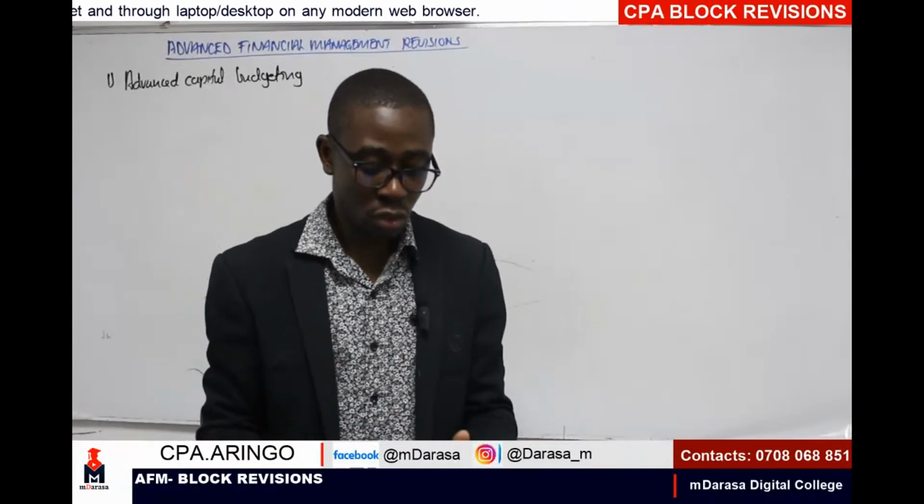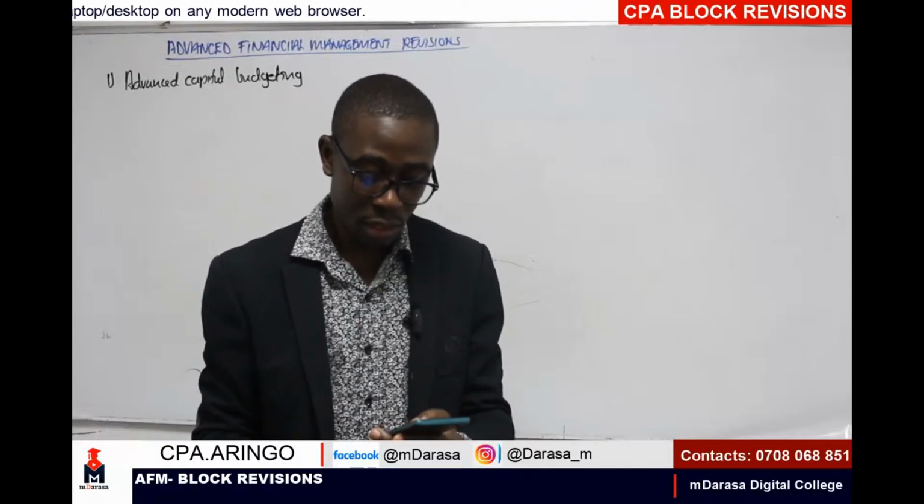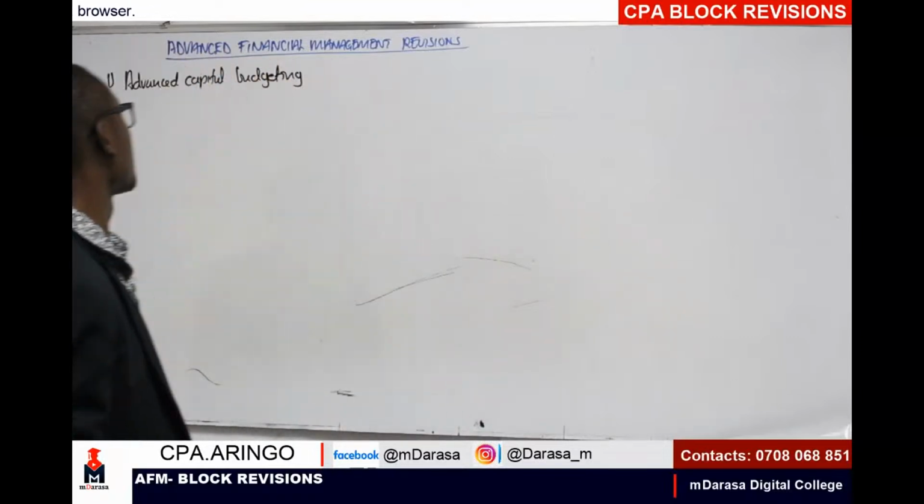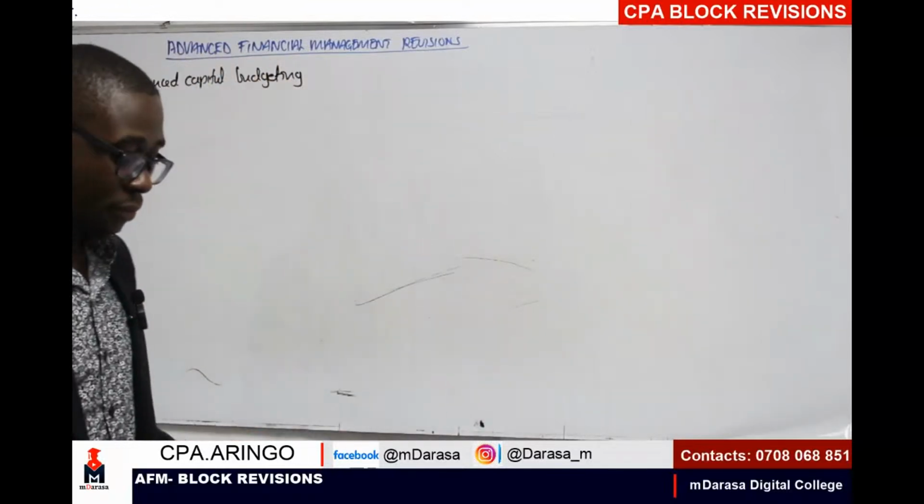So it is in topic number 1 that you will be expected, my good students, to have knowledge of aspects of incorporating risk, that is, uncertainty in capital budgeting or investment decisions. Talk about the concept of sensitivity analysis, which is very key. Talk about utility analysis. We'll also be talking of the common capital budgeting pitfalls. All these are the elements you should be expected to understand in topic number 1.